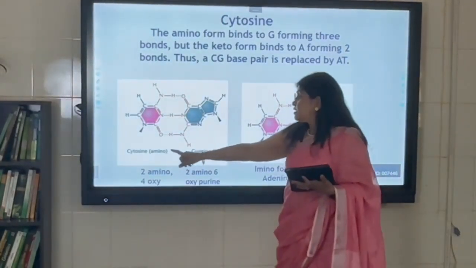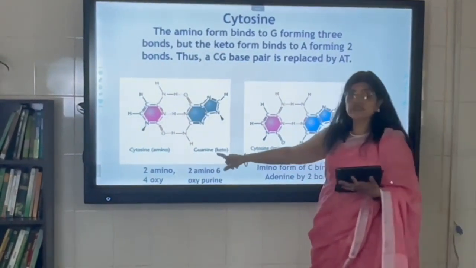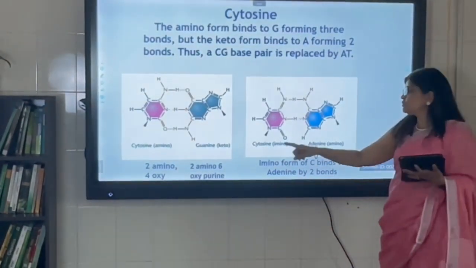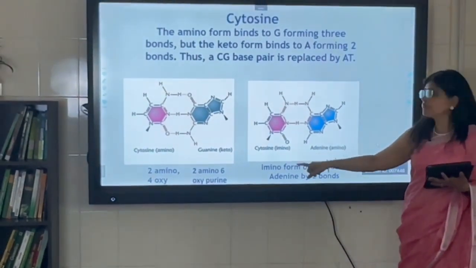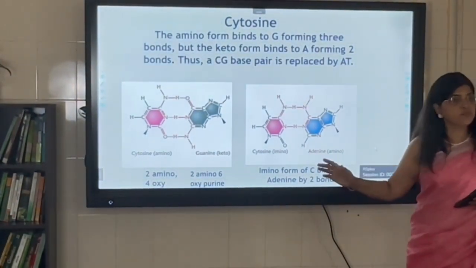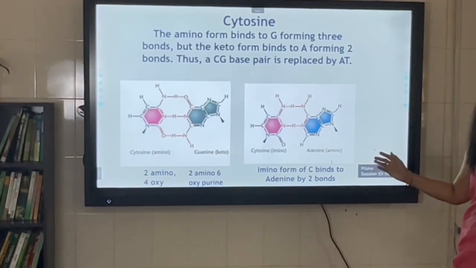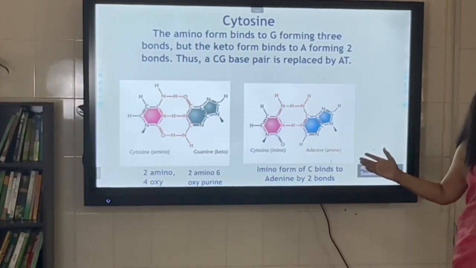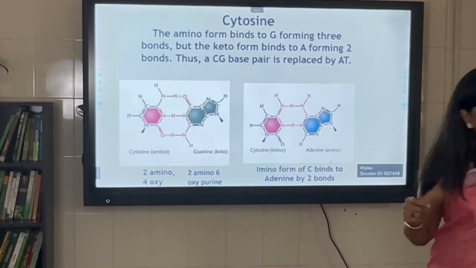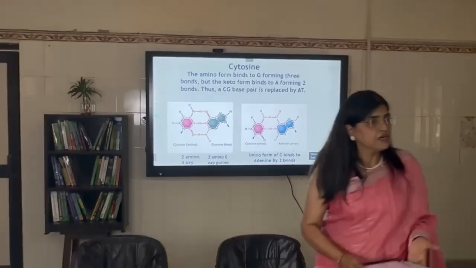So what will happen as a result of this? Again, the GC base pair is changed to an AT base pair. So tautomerism is very common and it leads to changes in the base pairs. And this base pair change, or the mismatch, leads to what? It leads to different bases coming up and occupying in the next generation.